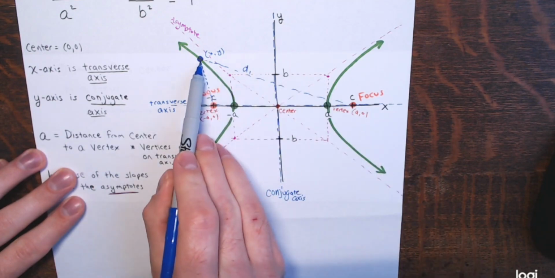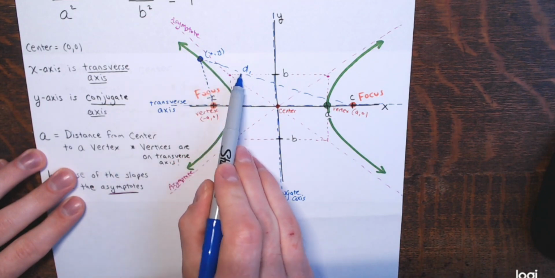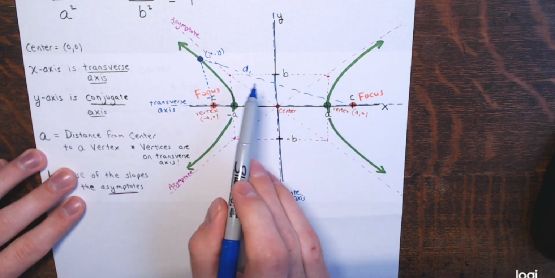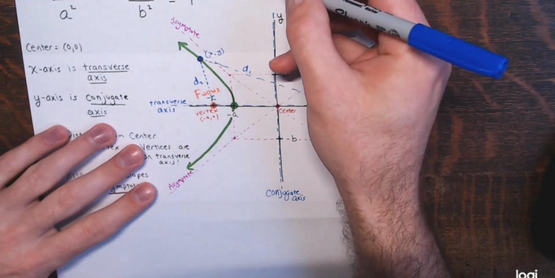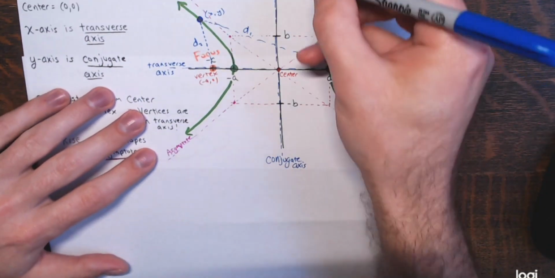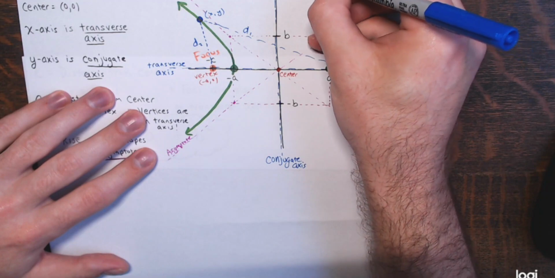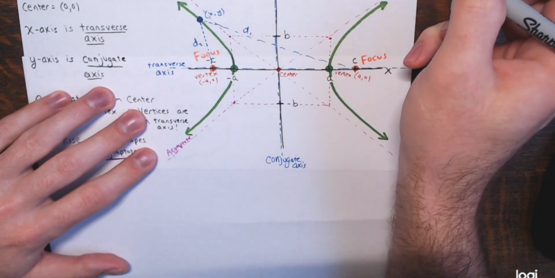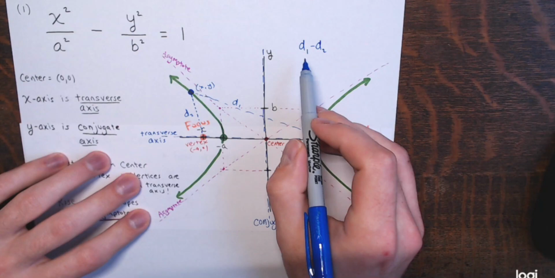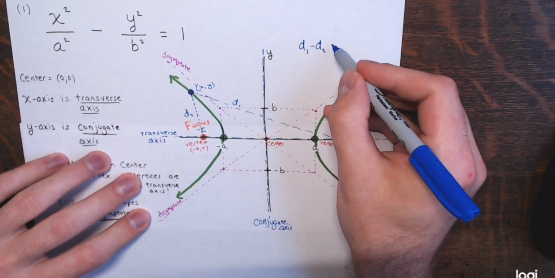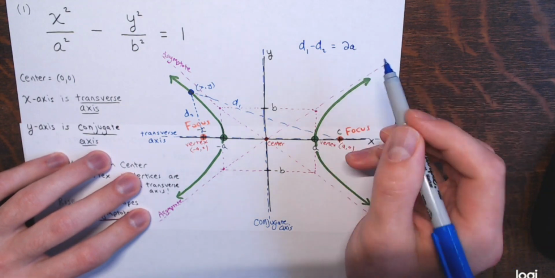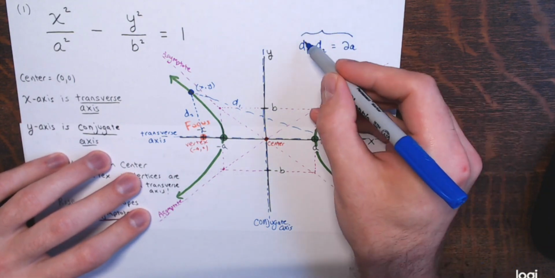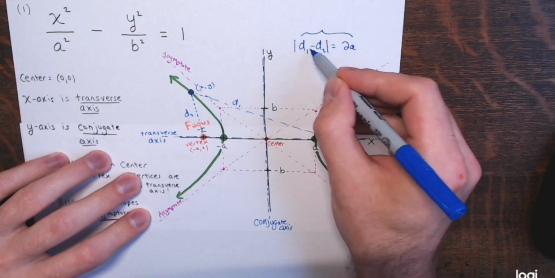But if you take any point on the hyperbola, take the distance to one focus and then the distance to the other focus, and then take the difference, d1 minus d2, this will always be a constant. It'll always be 2 times a. And I guess you could put absolute value signs if you forgot to do large minus small.